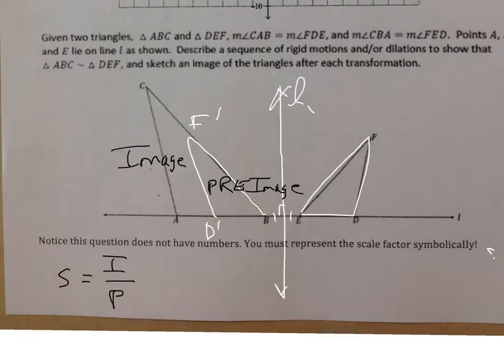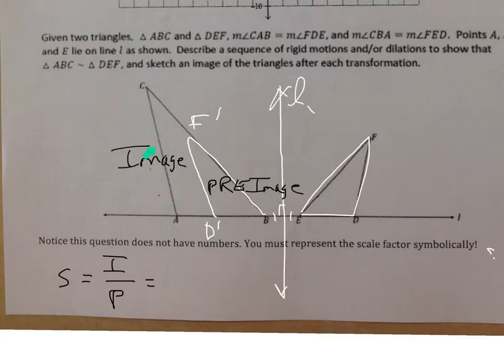Without any numbers here, it's impossible to come up with the answer to this question unless you measured, and even if you measured, there'd be some flaws with the ruler. So what we'll do instead is use the letters to help us describe the measurements. So I need a measurement on the image.